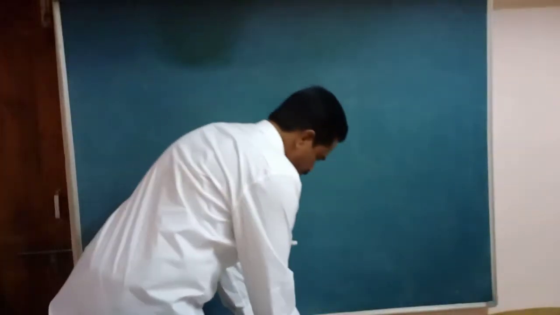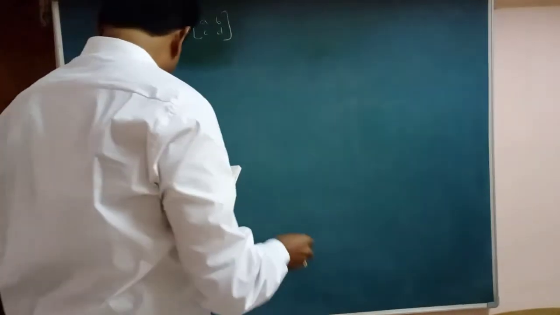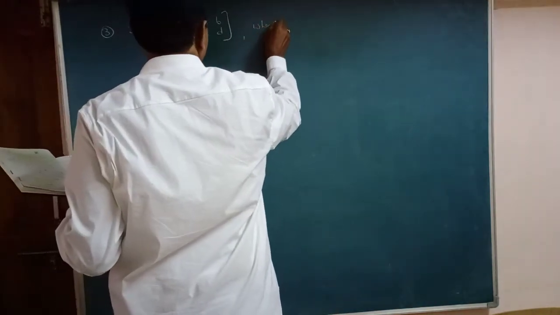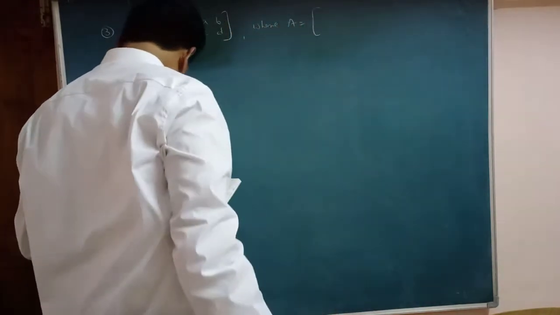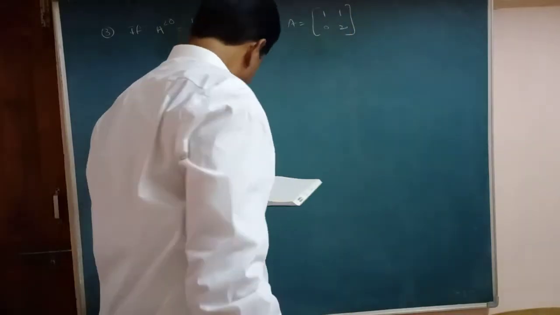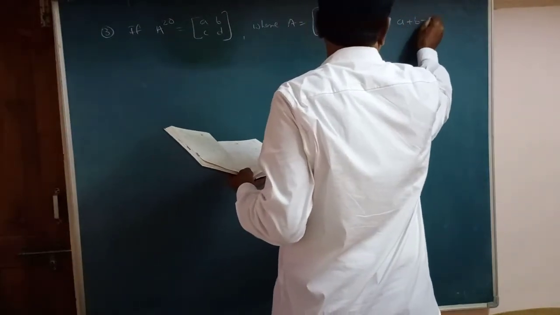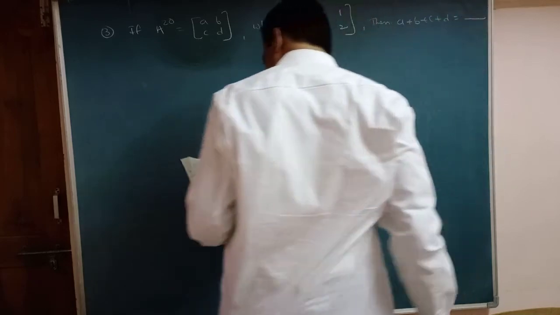Next problem. Third one. If A power 20 equal to the matrix ABCD, where A equal to 1 1 0 2, then a plus b plus c plus d is equal to dash.